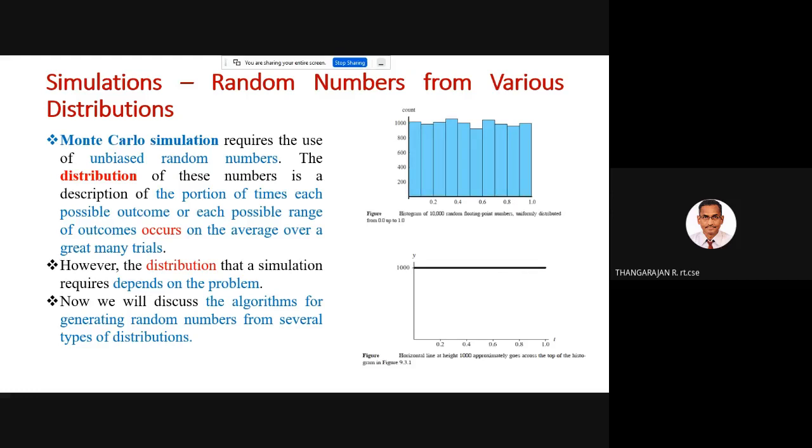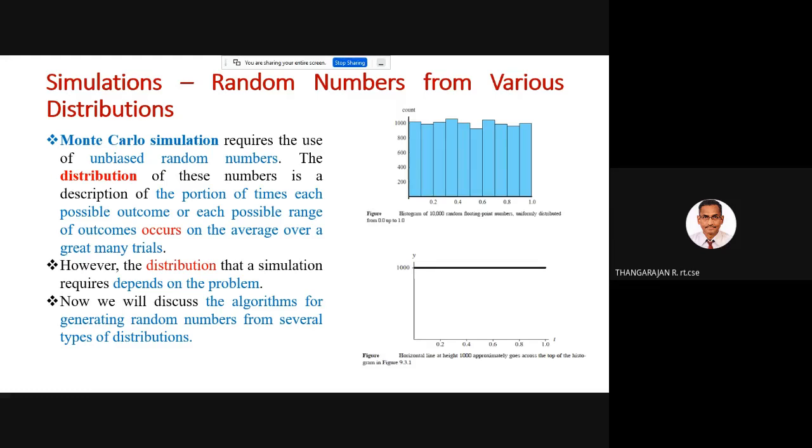Then we brought in a method to include this uncertainty in our computers, through generating random numbers and simulating with them. For that matter we have generated pseudo random numbers.